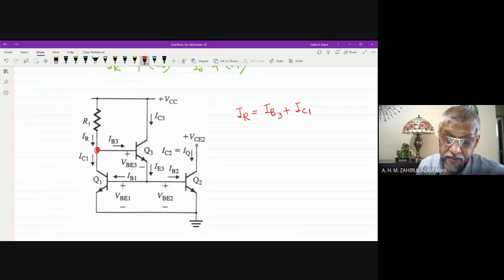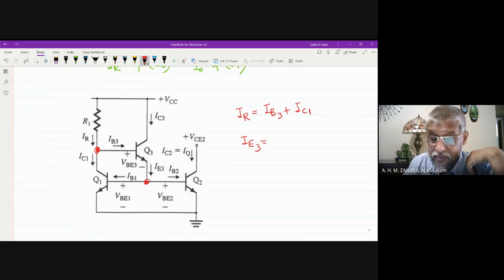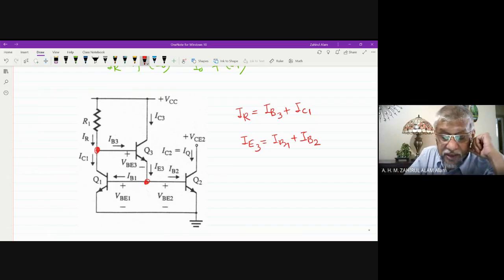Last time we had IB1 plus IB2. Now if we look at this notation, IE3 is equal to IB1 plus IB2. Correct? So now we apply KCL: IR is equal to this current plus this current.